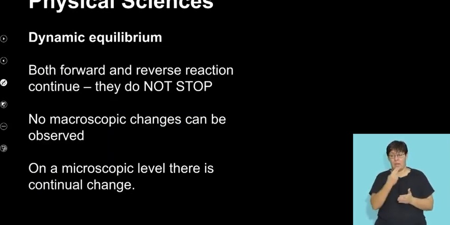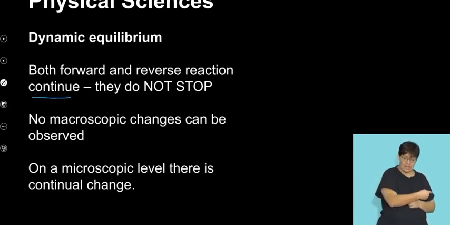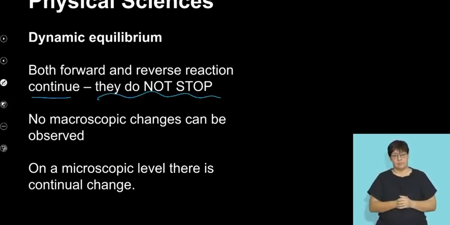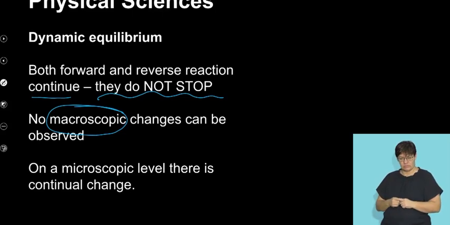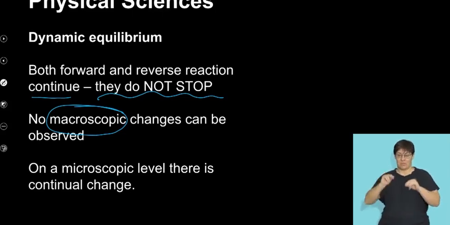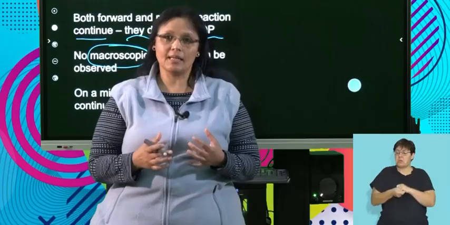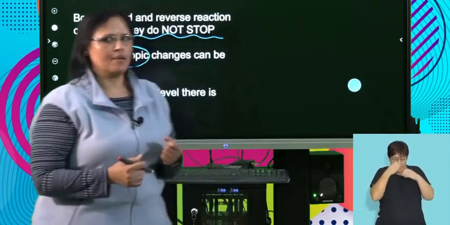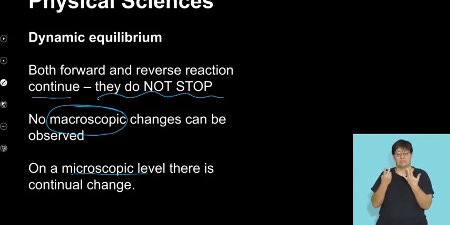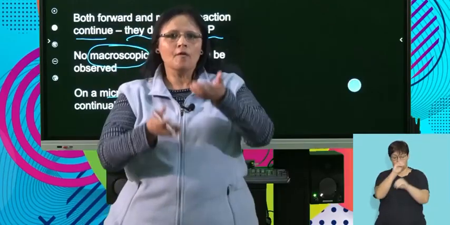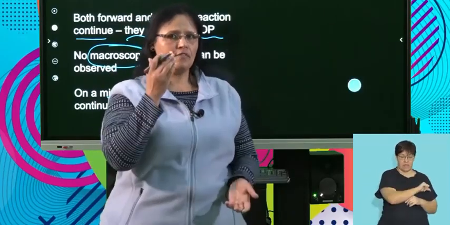Both the forward and the reverse reaction continue. They do not stop. Even though it looks for us on a macroscopic view as if nothing is changing, on a microscopic level, there's definitely still a reaction where the particles are still moving forward, reverse, forward, reverse.